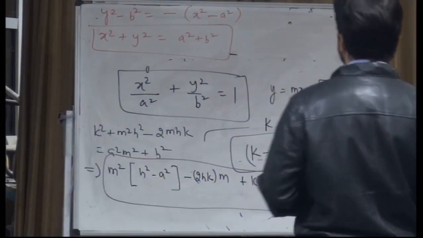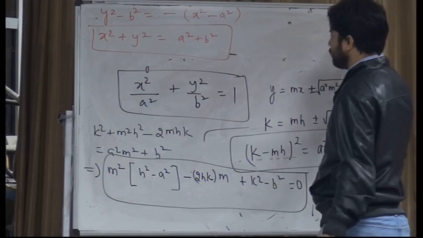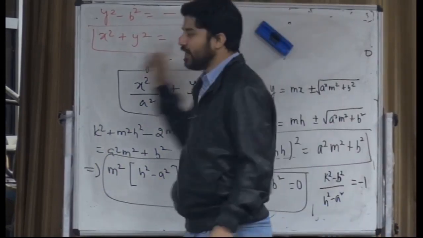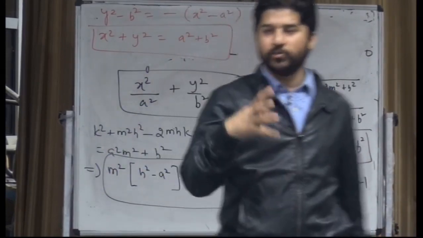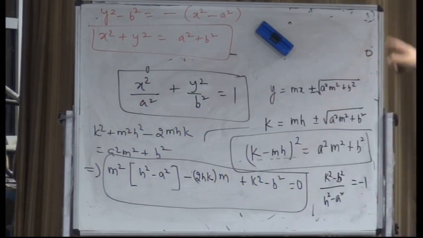Understood? Did you understand what the director circle is? If I tell you diagrammatically, what is its radius? Under root a square plus b square. And what is the area of this director circle? Pi into a square plus pi into b square.